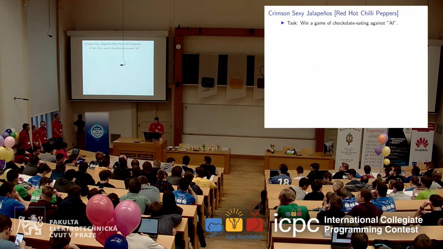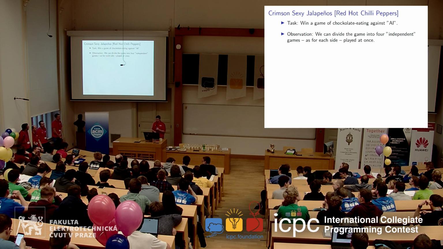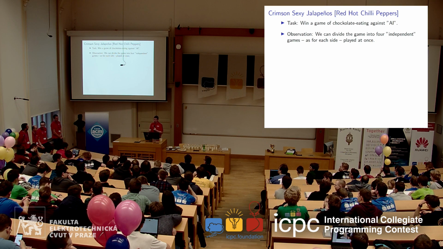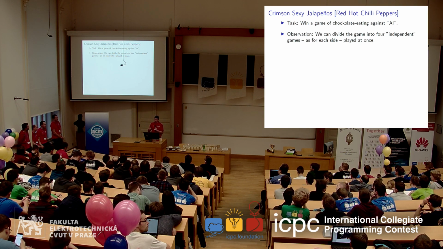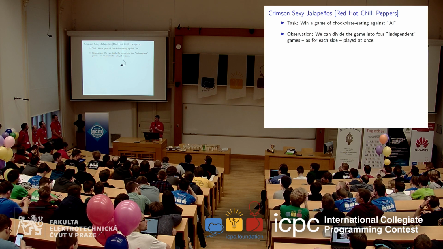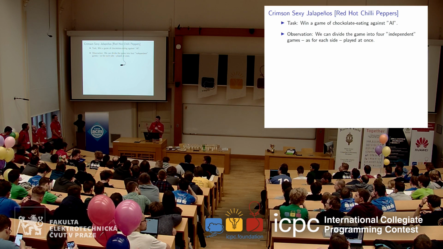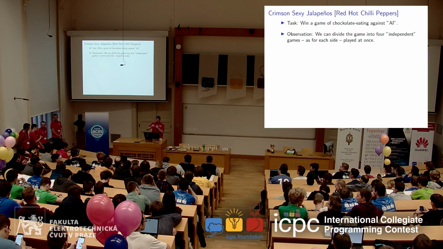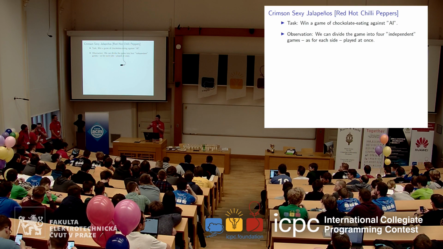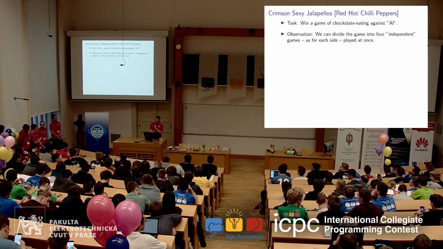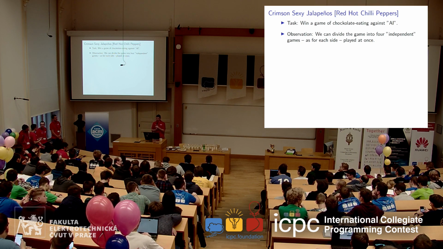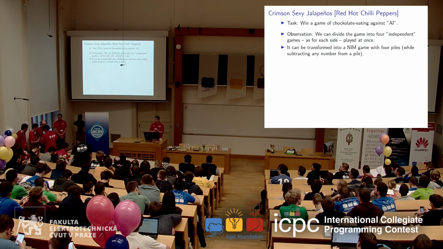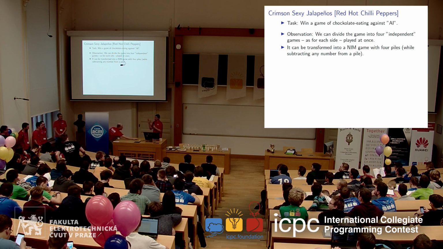So firstly, we can observe that we can divide this problem into 4 slightly independent games, because if I eat the chocolate from the right, it could never reduce the chocolate from top or from bottom, and there is always at least one poisoned piece, so we cannot reduce the chocolate from the left. So these games are really independent, and we can also see that in fact these are NIM games.